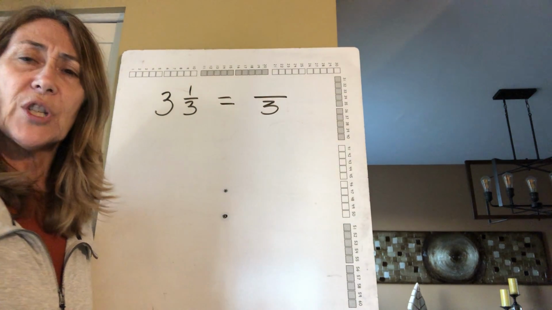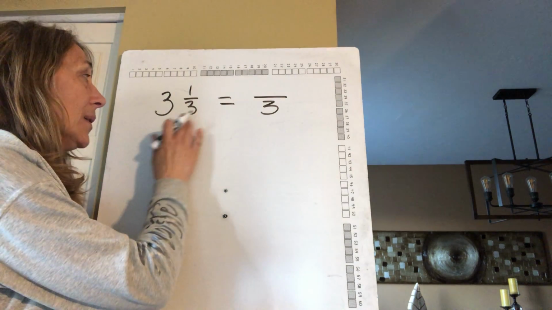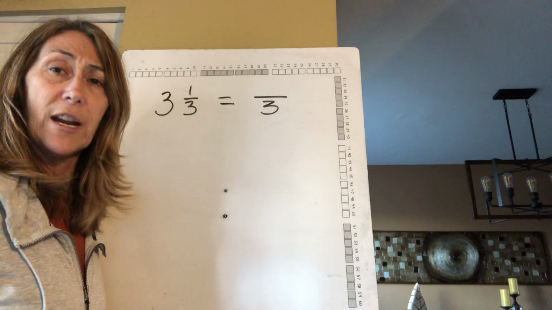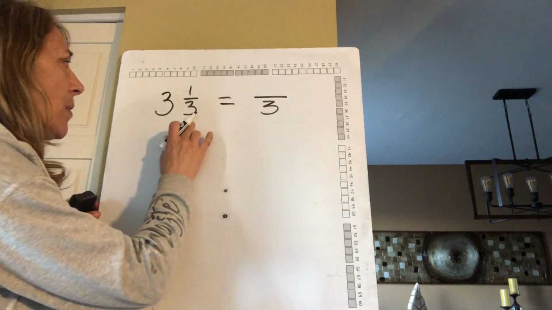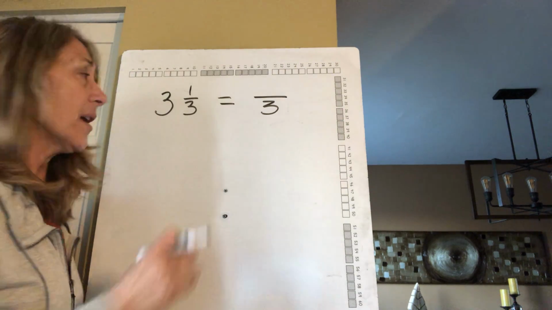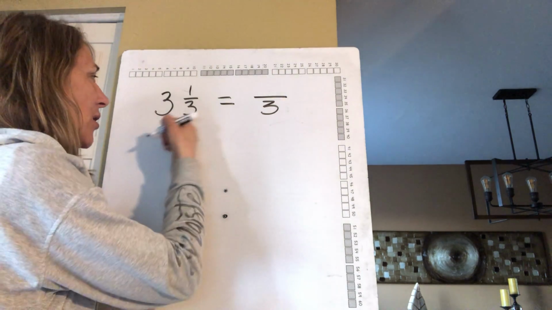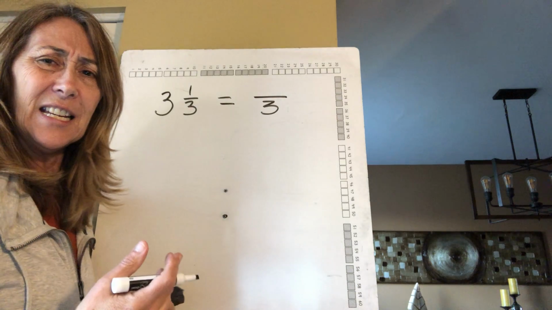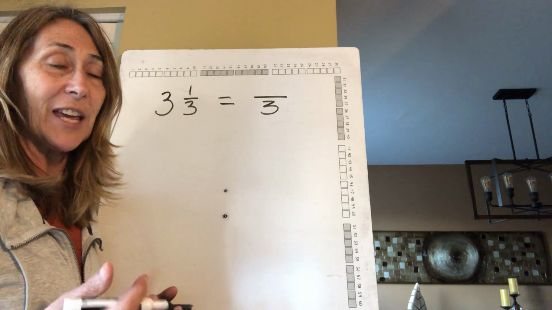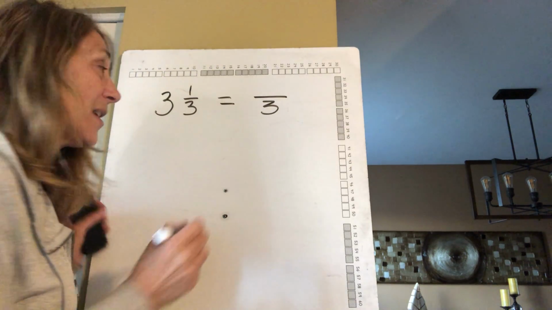Three and a third, which is a mixed number. It has wholes and it has fractional pieces. I'm going to turn that into a fraction greater than a whole. So what do I know about 3 and a third? I need 3 pieces to make a whole, and I have 3 wholes. So if I were to do that as repeated addition, and we know repeated addition is multiplication, which we'll show you how to do in a minute.